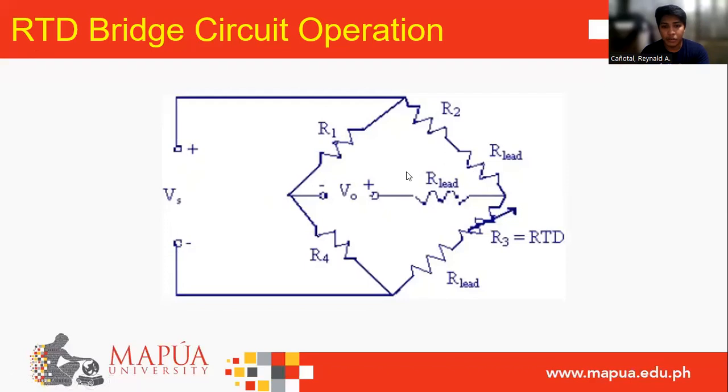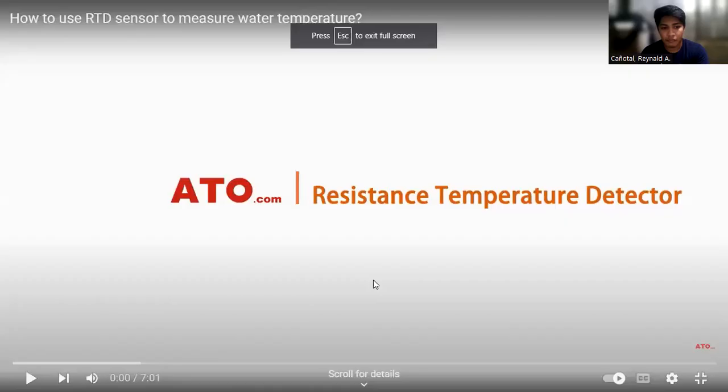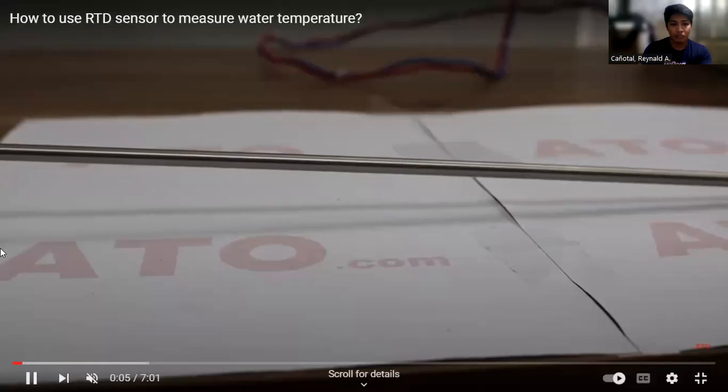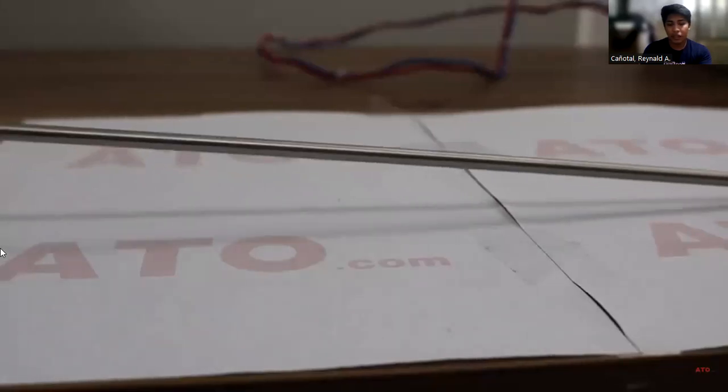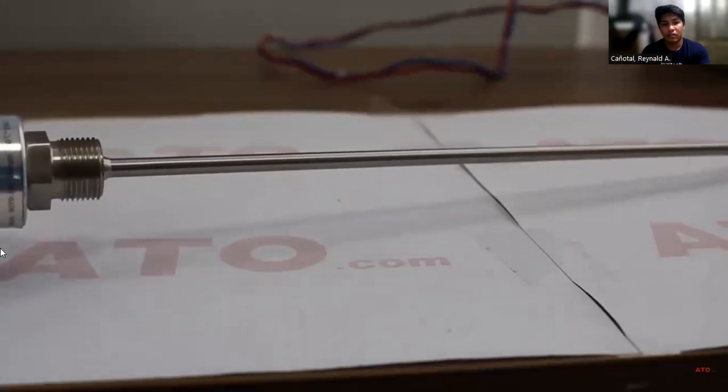And I'm going to show a video demonstration of the application of an RTD. As you can see on the screen, it is shown that the RTD has a long gauge wire.